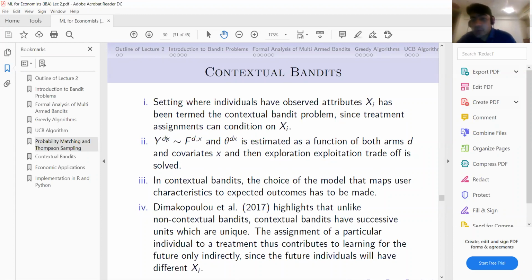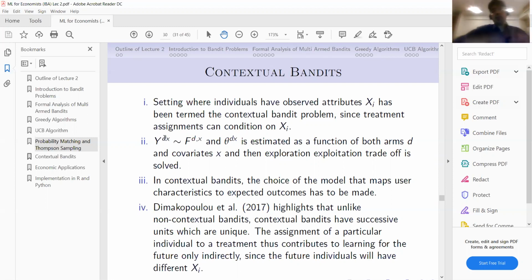So there's variation across treatments, because some treatments are better than others. Some drugs are better than others. Some economic interventions and RCTs are better than others. But it's also that the effect of these interventions varies by individual characteristics.